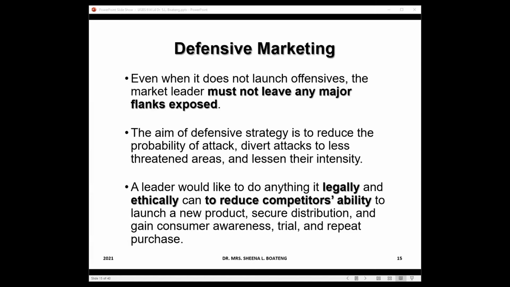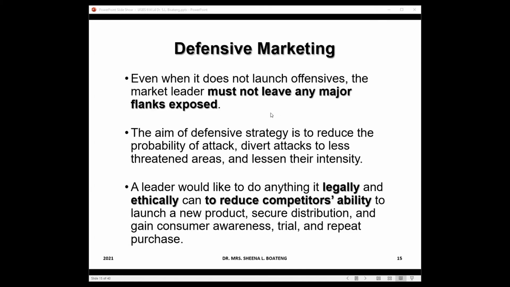So that was what I meant when I said diverting attacks to less threatened areas. Because usually when you are hit at the point where you are weakest, you are most likely to fall, isn't it? Yeah. Good. So I think that was what I meant. Thank you. You're welcome.